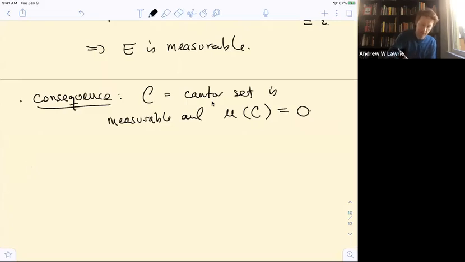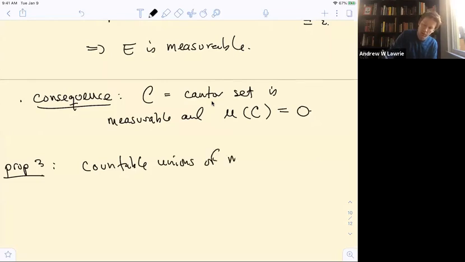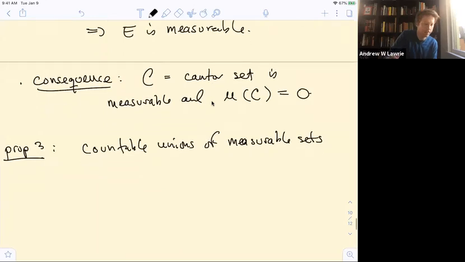Property 3: countable unions of measurable sets are measurable.